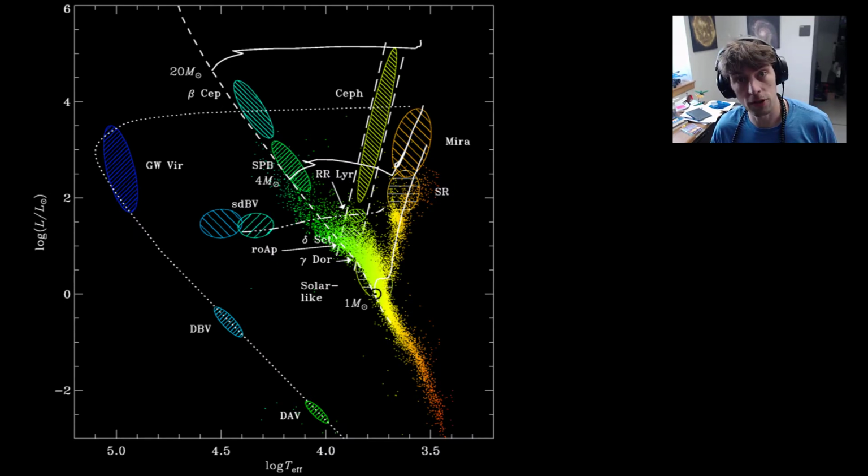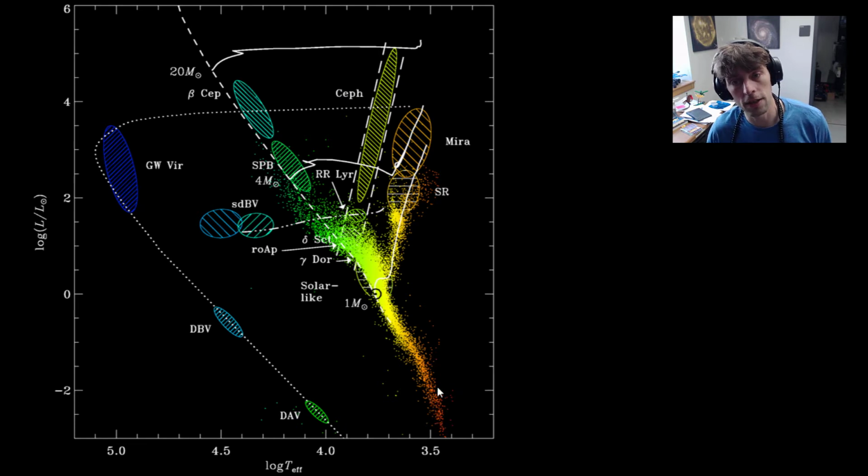A more general term used is variable stars. I first want to give you an idea about the process by which a star becomes a variable star. It's a particular location on the HR diagram. Here I've given you an HR diagram, with the main sequence going from the lower right to the upper left.